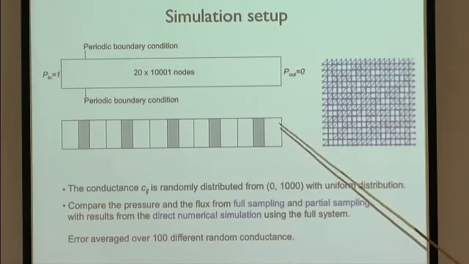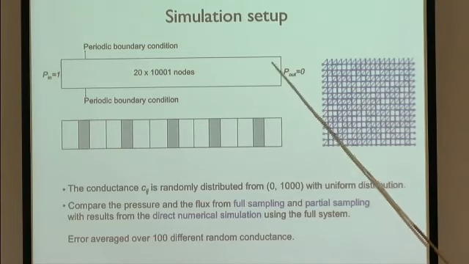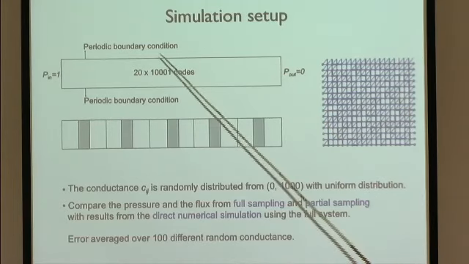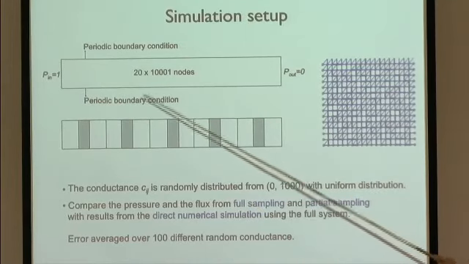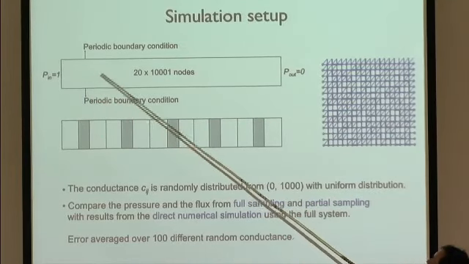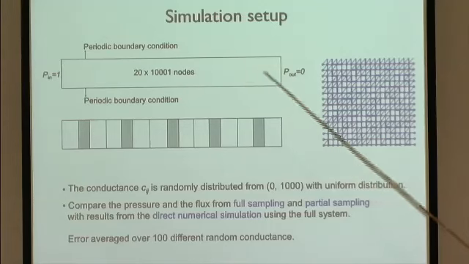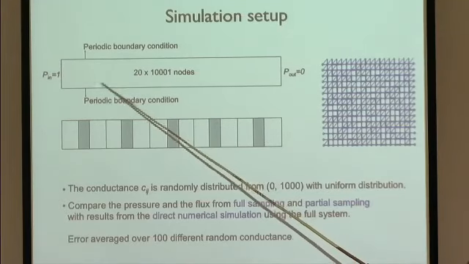So these are the simulations where we have our ground truth. We build a network of 20 nodes in the vertical direction and 10,001 nodes in the horizontal direction. They look like that. The thickness represents how large the Cij should be. We're going to slice them up.